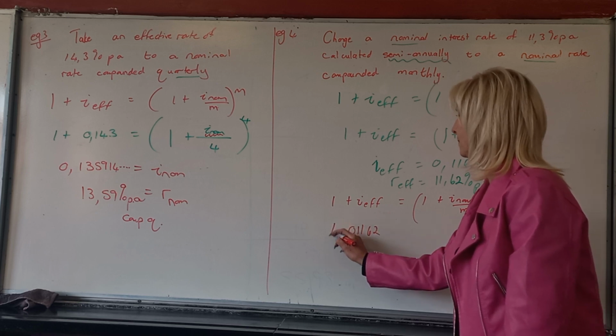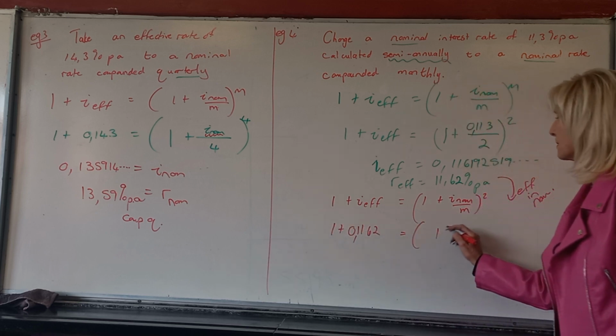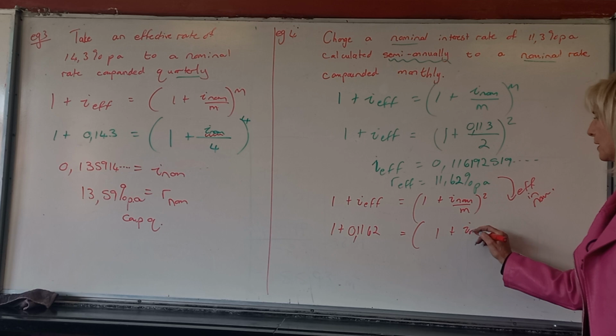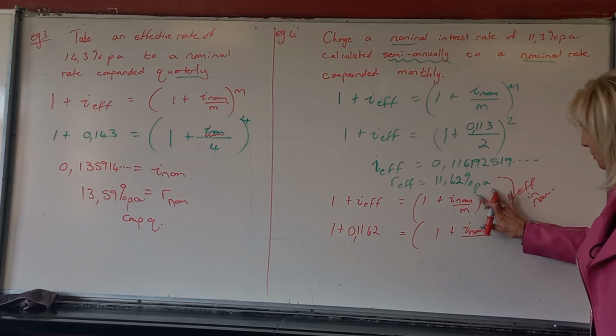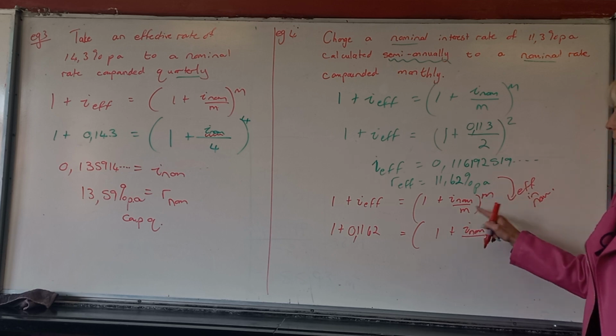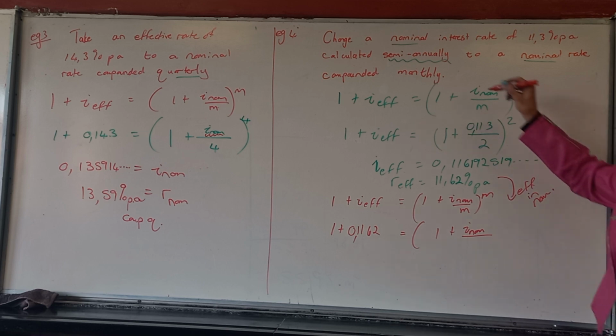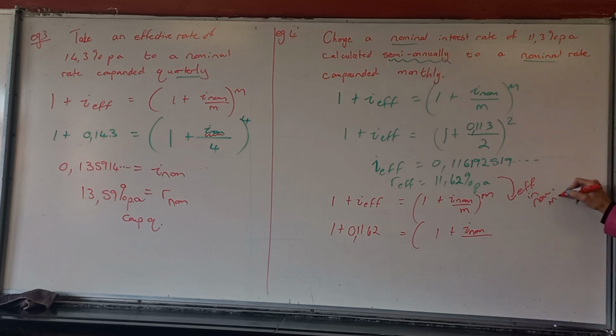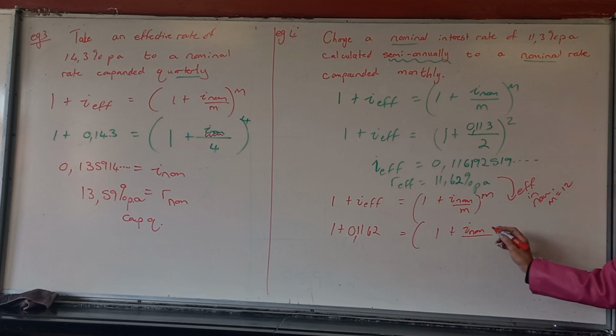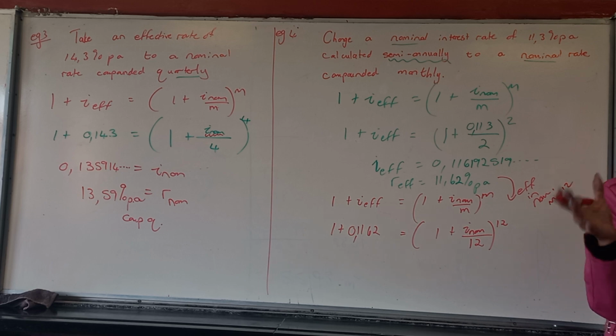Are you with me? Yes, ma'am. And then it's the more difficult one of the two to do on the calculator. Oopsie, that shouldn't be a 2, that should be an M. Now this time I'm taking effective to nominal, but it must be compounded monthly. So monthly, it must be 12. So both places, 12 there and 12 there. So we're doing two sums.